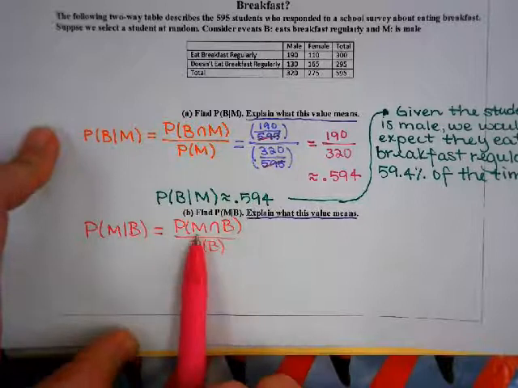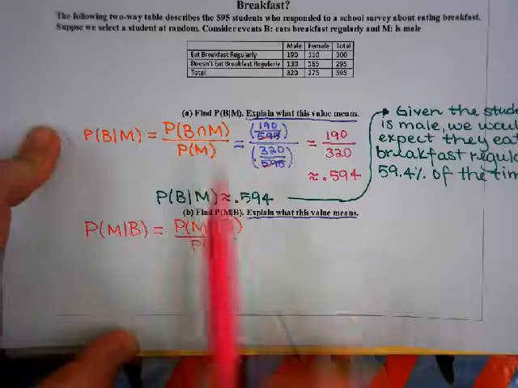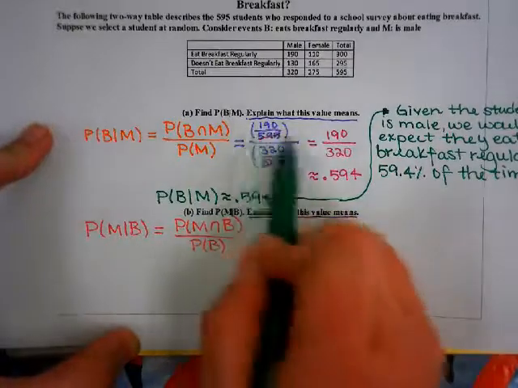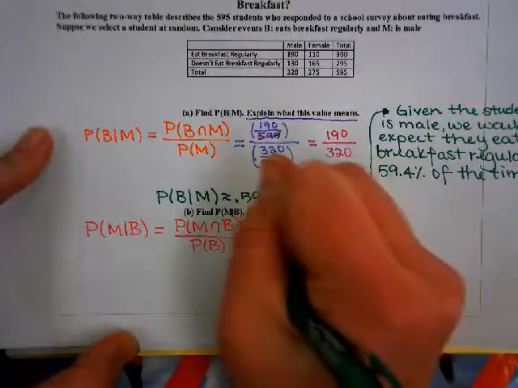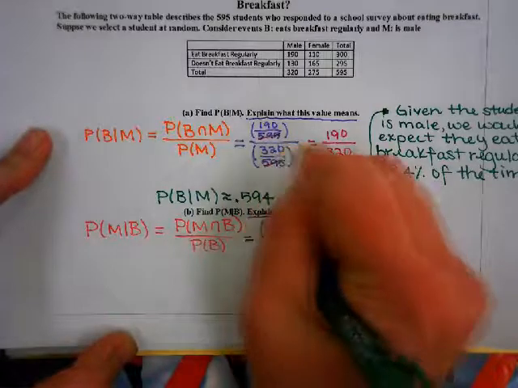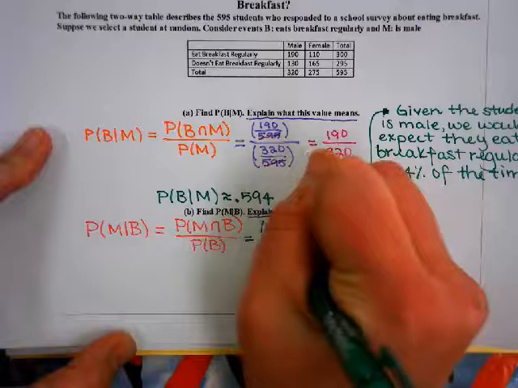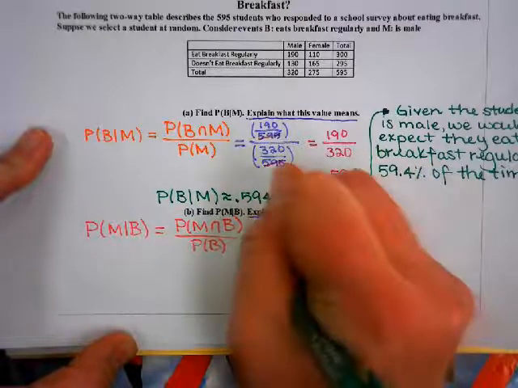So that top fraction is the same here, so it's 190 out of 595. The bottom is what changes, because this time we want the probability they eat breakfast regularly, which is 300 out of 595.